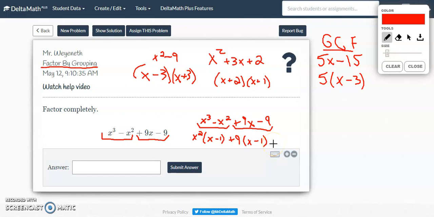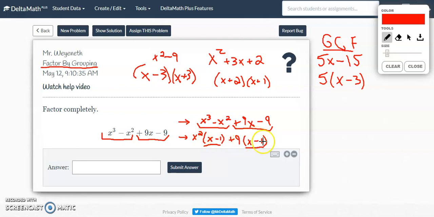And now here's the critical part. If you've done this factoring by grouping correctly, this quantity and this quantity right here should match. So as I'm looking at this line of work, here was the original line of work, and this first term, it's all multiplication, has an x minus 1 in it.